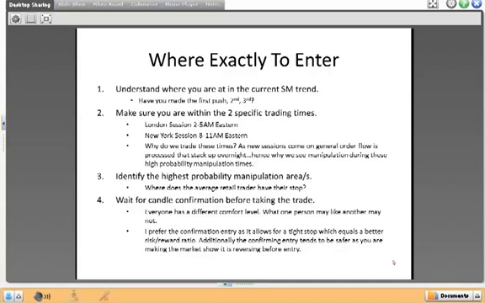The beauty of the confirming entry is that not only do you get added confirmation, but you also get a very tight risk reward. Now, does this mean that sometimes you'll miss a trade because you don't see it setting up this way? Yes, of course. But when it does come together, which is much more often than it doesn't, it gives you not only the tight stop, but also the added confirmation.